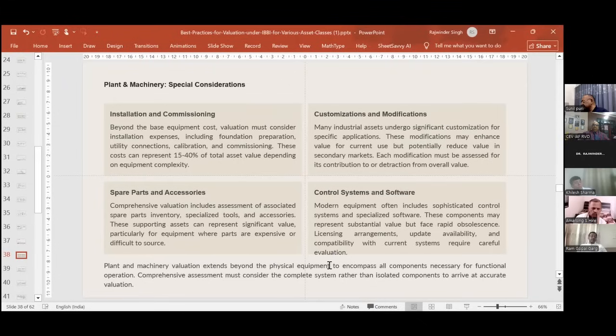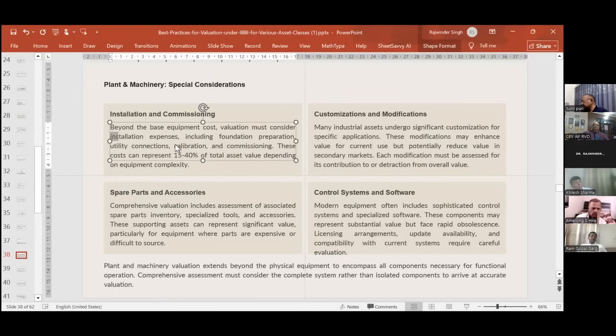Beyond the base equipment cost, valuation must consider installation expenses including foundation preparation, utility connections, calibration, and of course, commissioning. These costs can represent 15 to 40 percent, depending on the equipment complexity.